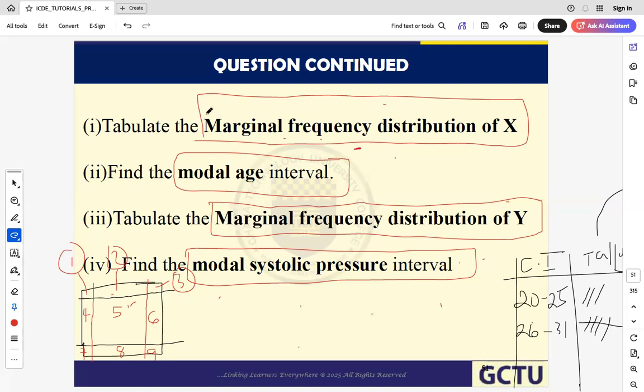The information is called the marginal frequency. Marginal is coming from the word margin. And so in your exercise book or notebook, you have 2 sets of margin.